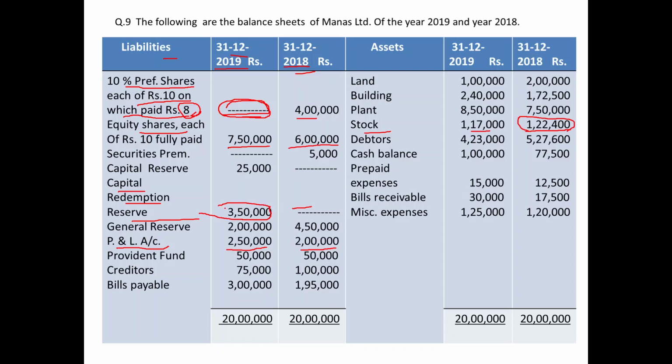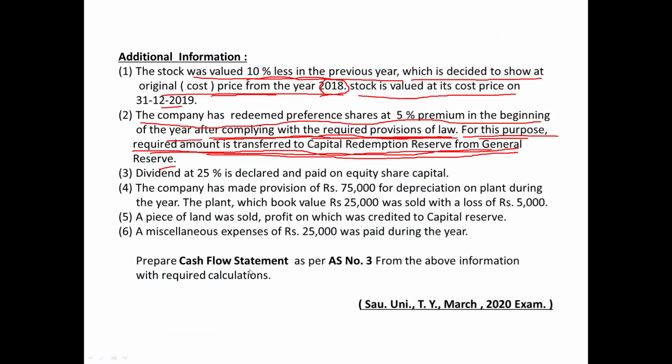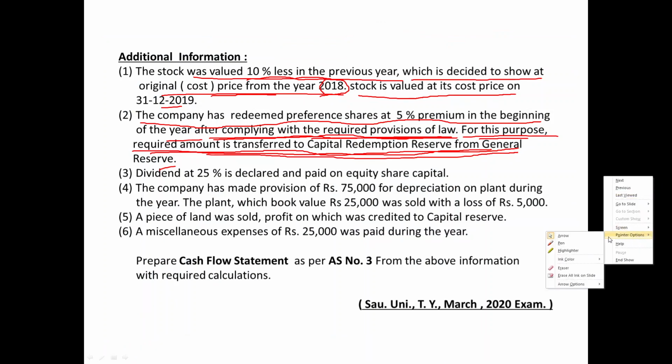It means for our requirement of rupees 5 lakh, that is for the nominal amount of RPS redemption, the company has applied both the options, a fresh issue of rupees 1 lakh 50,000, 6 lakh versus 7 lakh 50,000, and creation of CRR of rupees 3 lakh 50,000 from the general reserve as per the instruction given in point number 2.